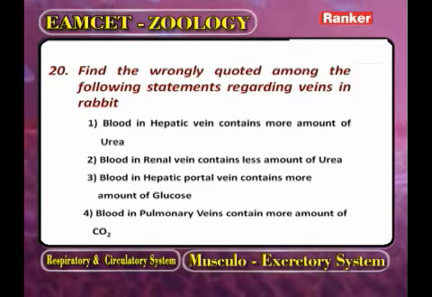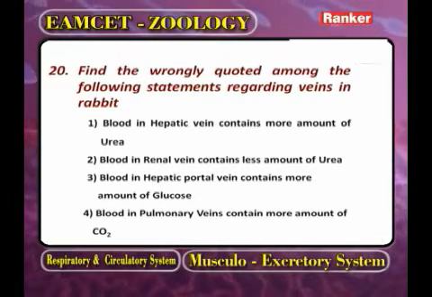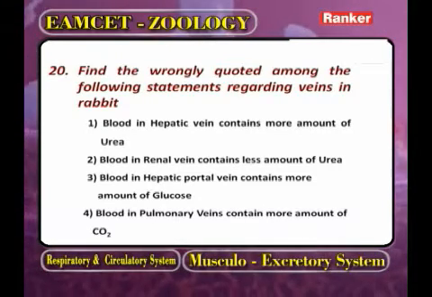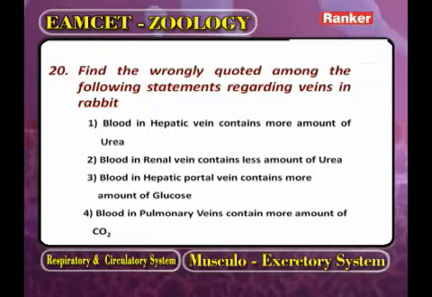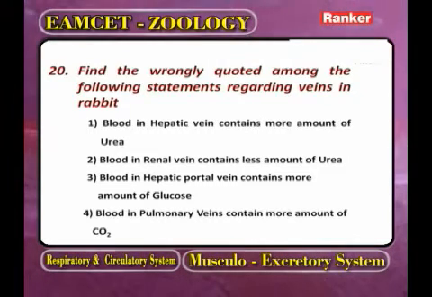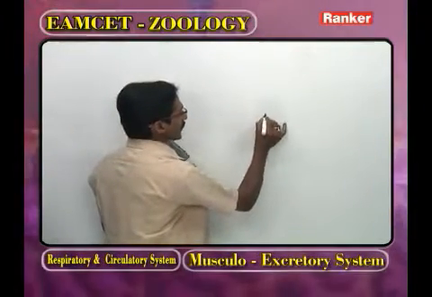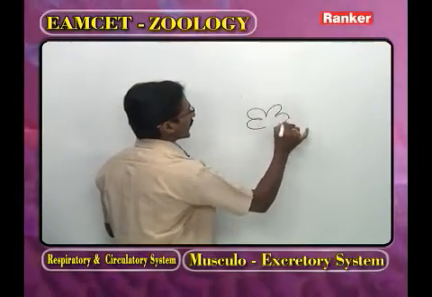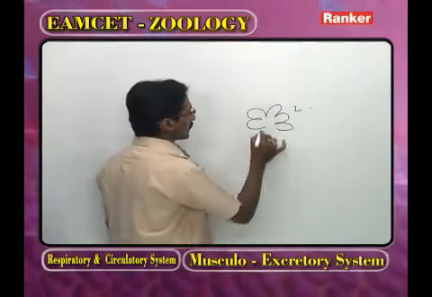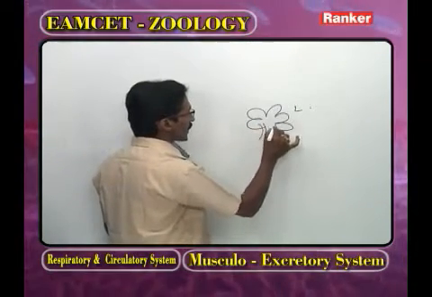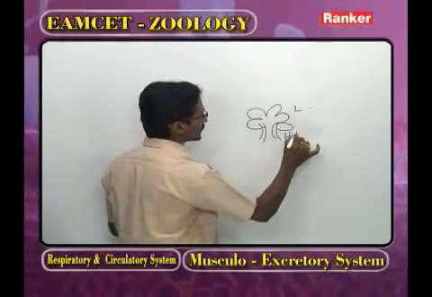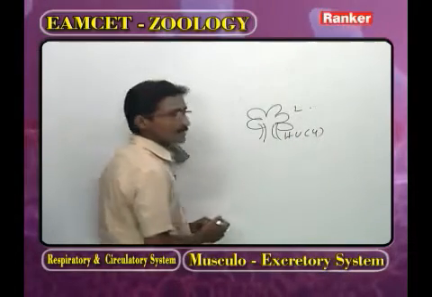Find the wrongly quoted statement among the following regarding the veins in rabbit. Now we observe the first statement: blood in hepatic veins contains more amount of urea. This part we call the liver. From the liver, these are called the hepatic veins. How many hepatic veins? 4.